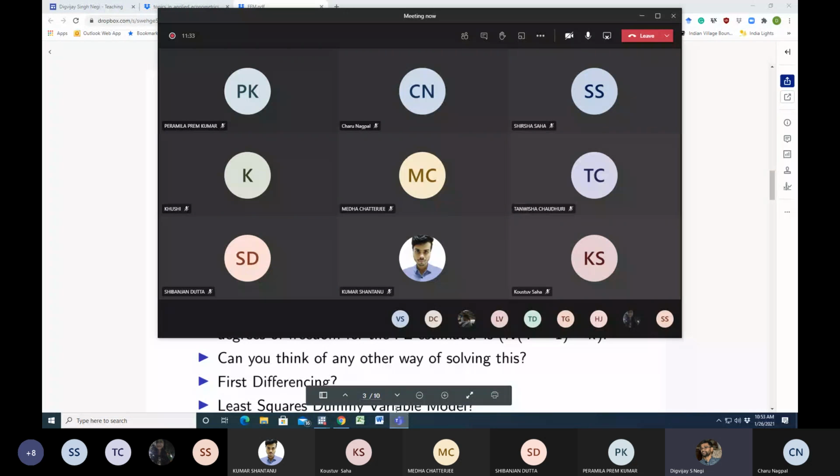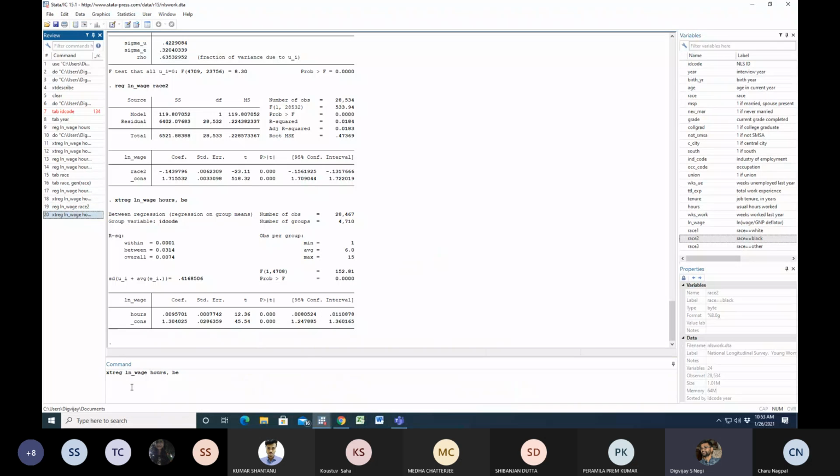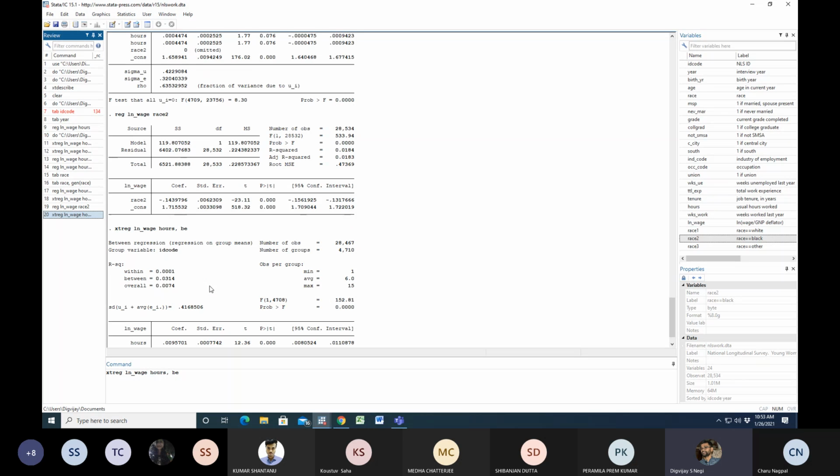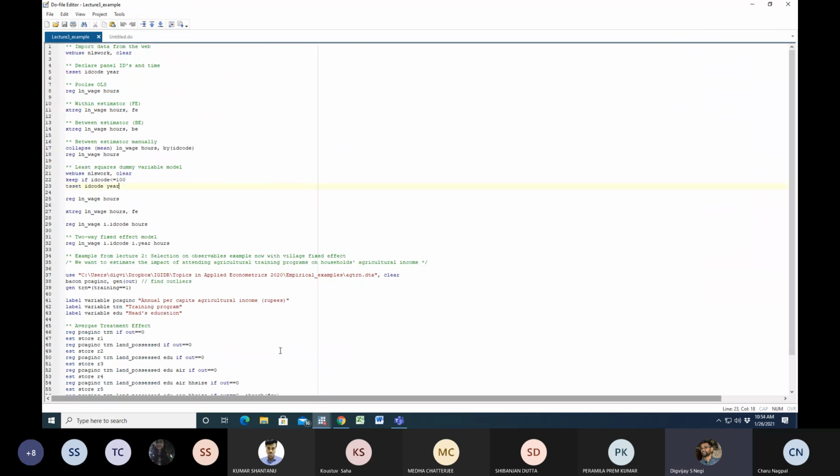That is the between regression, and in Stata you can do it very simply: write xtreg y x, comma be, and it will give you the between regression. Here I just show you what a between regression is. You can take averages of log wage and work hours, then run a simple OLS, and that will also give you a between estimate.